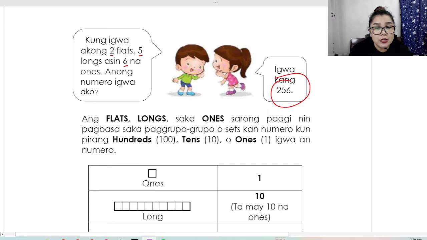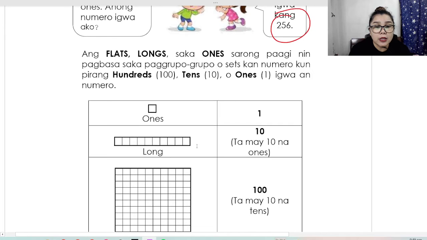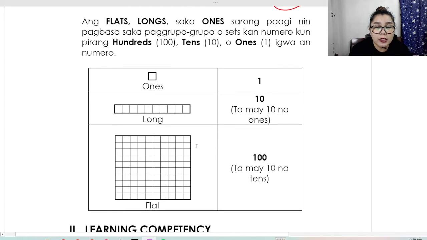Ang flats, longs, saka ones, sarong paagi nin pagbasa kan numero kapag grupo-grupo o sets, kung pirang hundreds, tens, o ones igwa ang numero. That's why I let you not forget how the flat, long, and ones look, so you do not need to count them one by one.